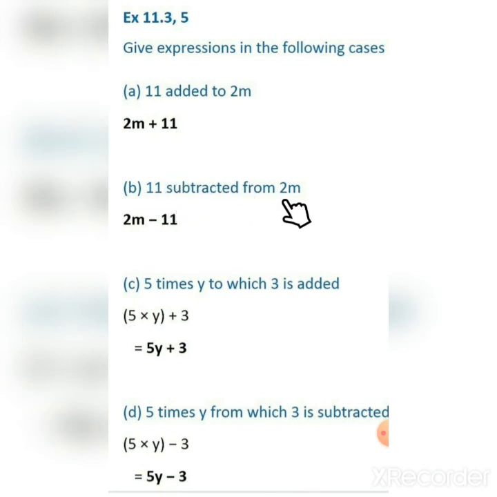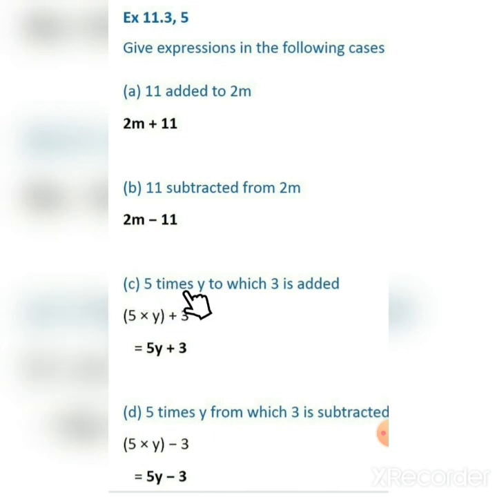11 subtracted from 2m, 2m minus 11. 5 times y, to which 3 is added. 5 times always means multiplication. 5 times, 2 times, 3 times means it will be multiplied.